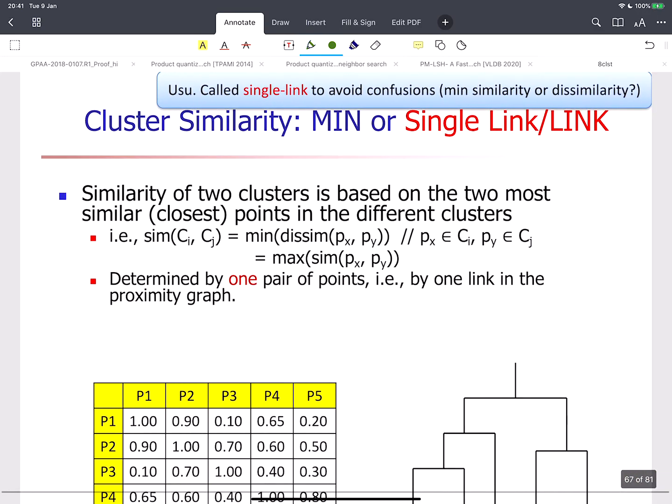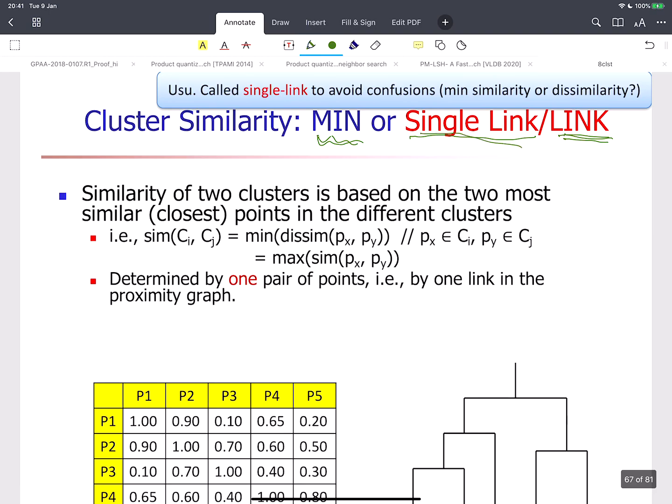So let's look at the min, the first version, and all the other versions are very similar. Although it's actually using the min, we usually call it single link. In scikit-learn or SciPy, the clustering libraries just call it single.